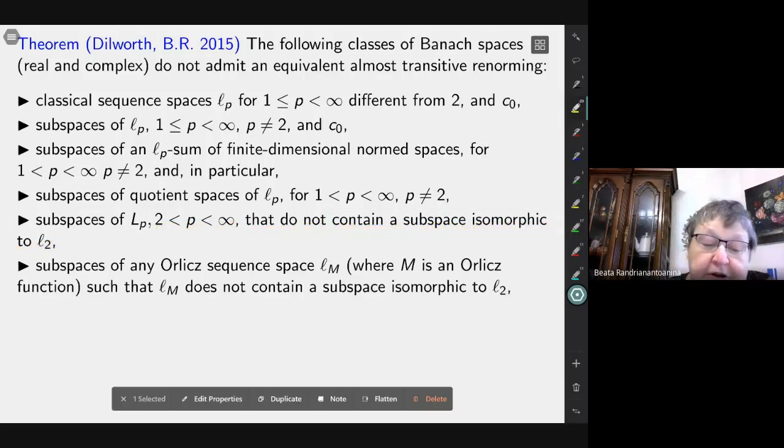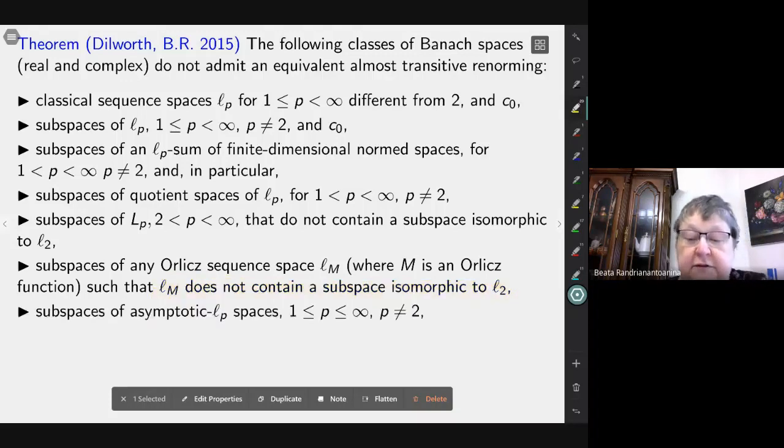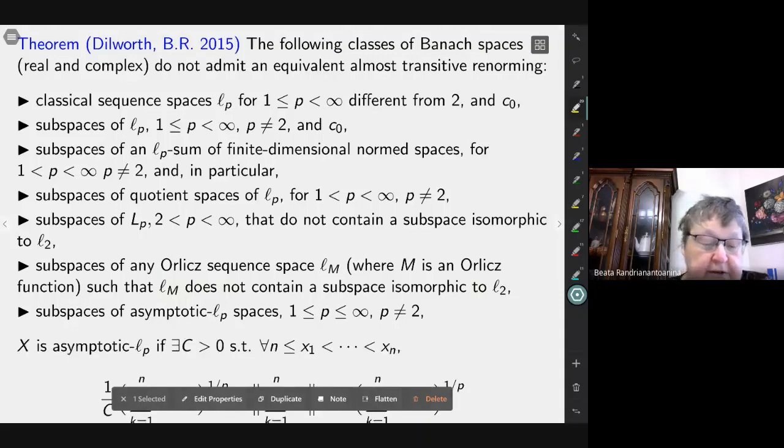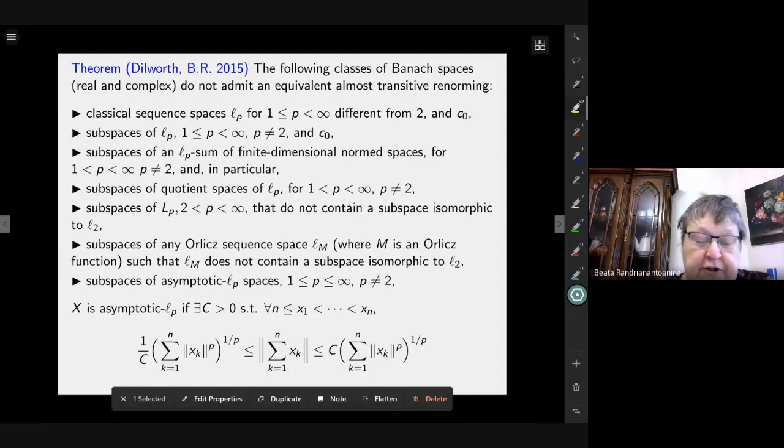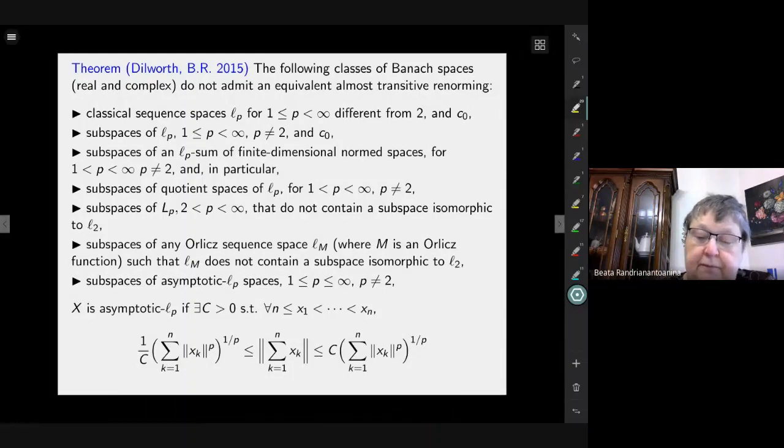Subspaces of any Orlicz sequence space which does not contain a subspace isomorphic to l2. If it does, then we don't know if it can be renormed to be almost transitive. Subspaces of asymptotic lp spaces, and here is a quick reminder of what asymptotic means. I will maybe skip this definition right now.